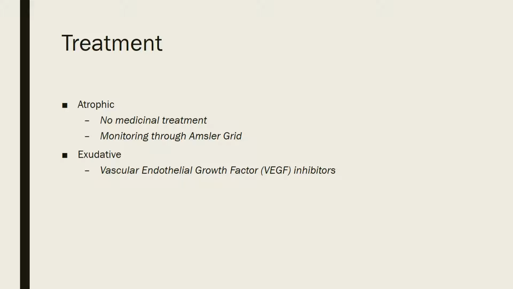And the goal of these shots is to reverse a person's AMD back to that atrophic AMD. The sooner the treatment starts, the less central vision loss the person will have.